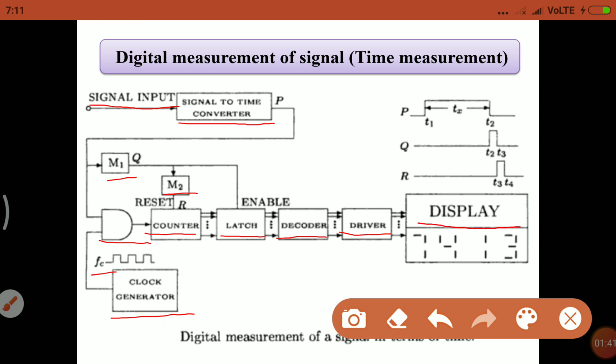So these are the main blocks of the digital circuit.